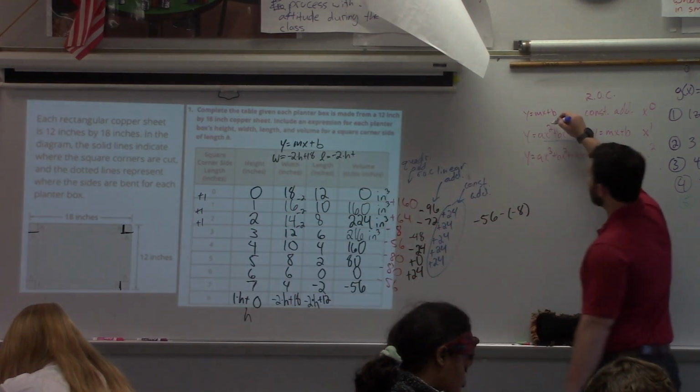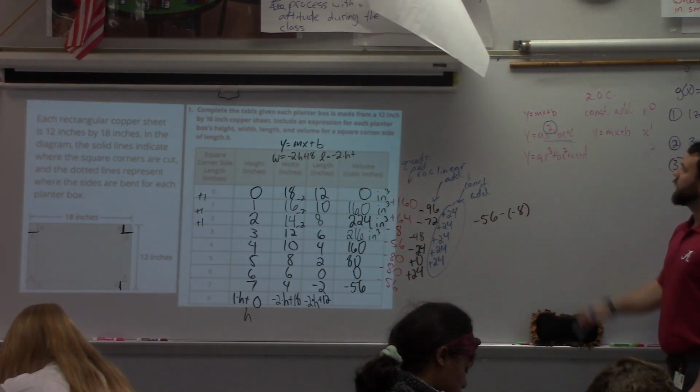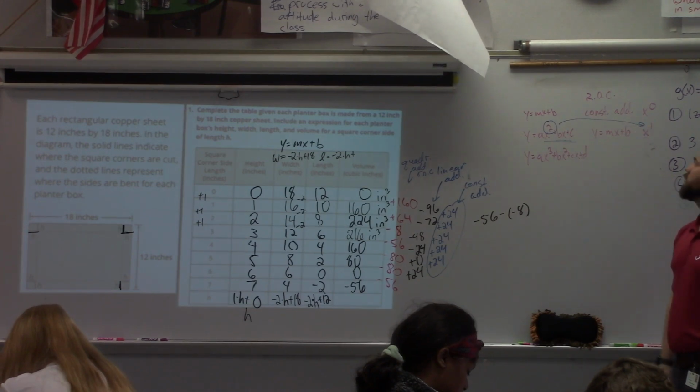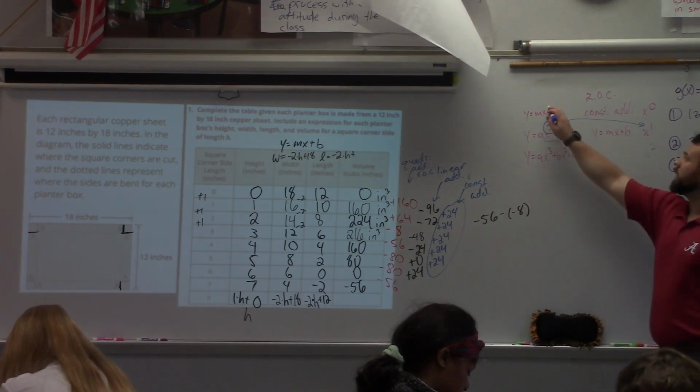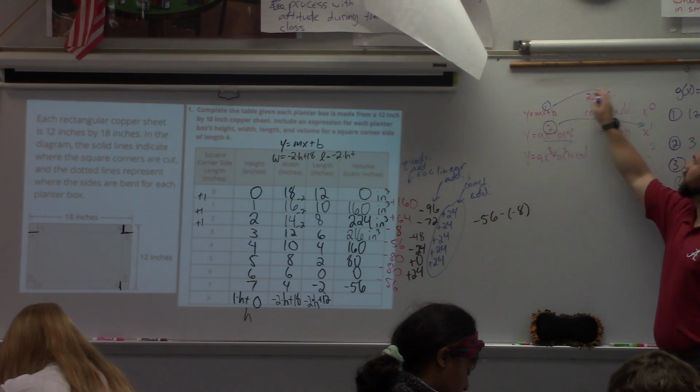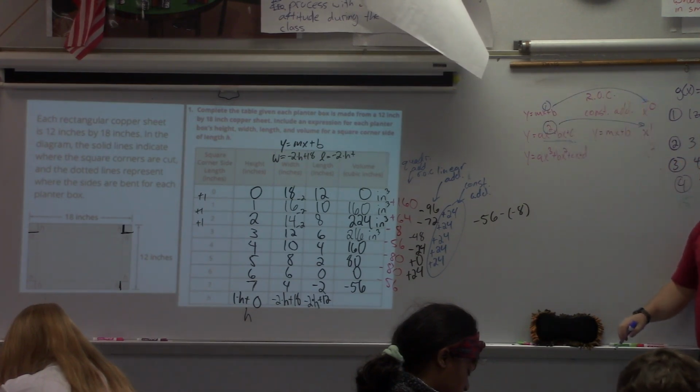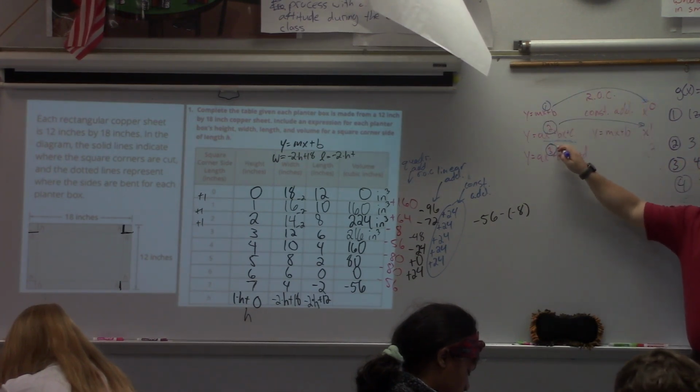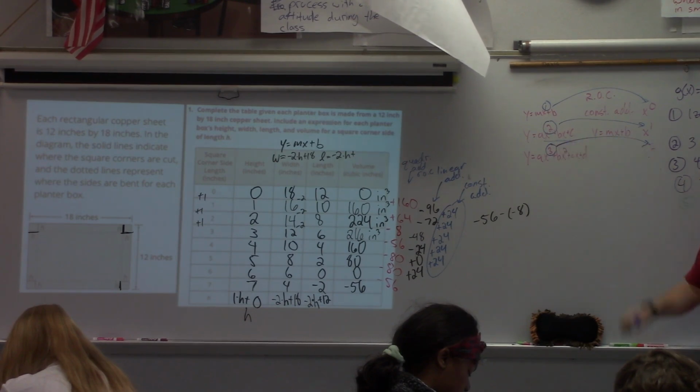Come on, guys. What's the degree here? Second. What's the rate of change? What degree? First. Here the degree is first. The rate of change is 0. Here the degree is 3. The rate of change is?